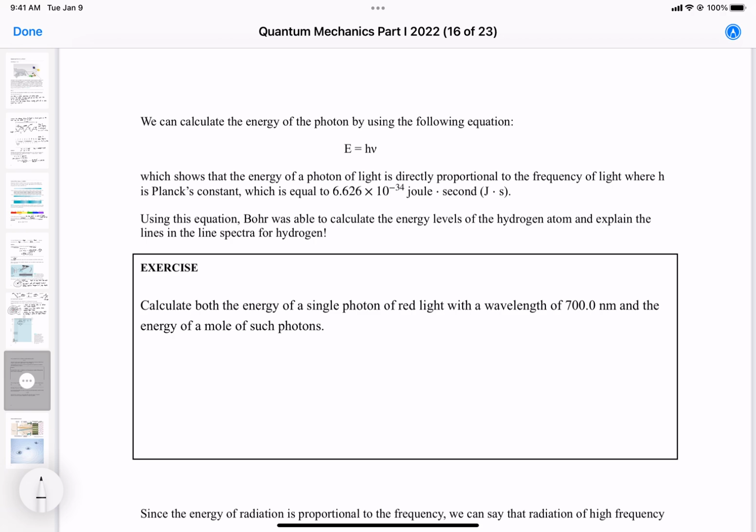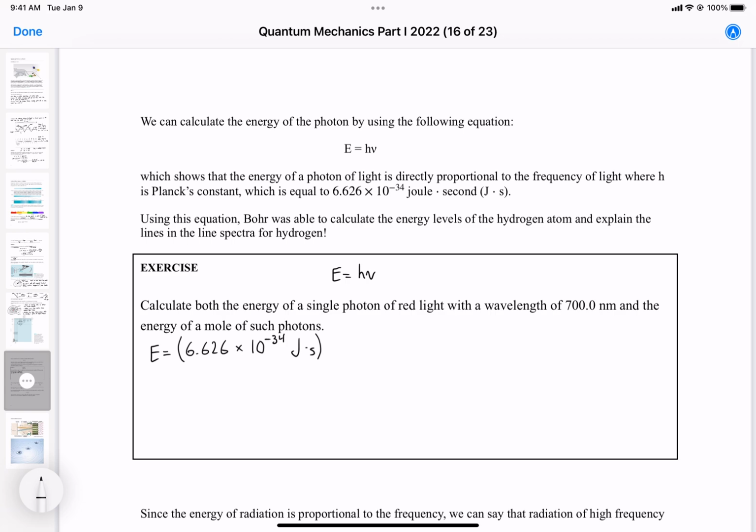From the equation above, we know E equals h nu. E in this case would be Planck's constant, 6.626 times 10 to the negative 34th joule seconds.